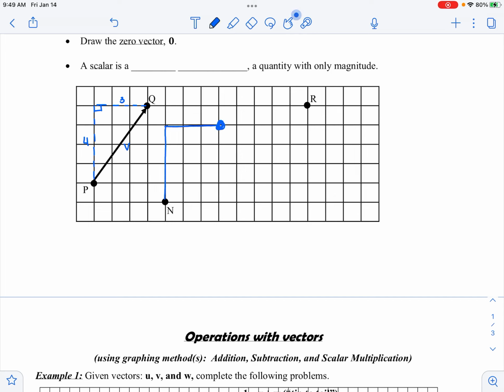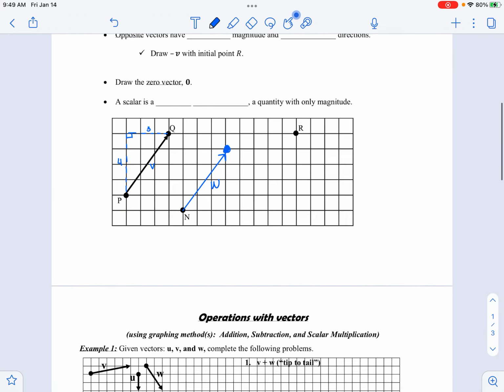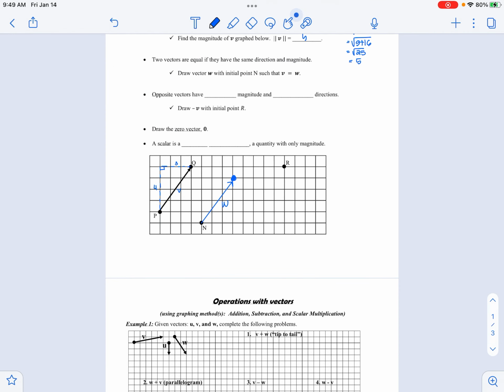I'm going to go up 4 and then right 3 and make my point. I'm not going to keep those lines there, but it's just so that you can see what I'm tracing from. I'm going to start at N and connect it to that terminal point right there. And then I'm going to put the direction showing that. We'll call that W. So there is vector W that is equal to vector V.